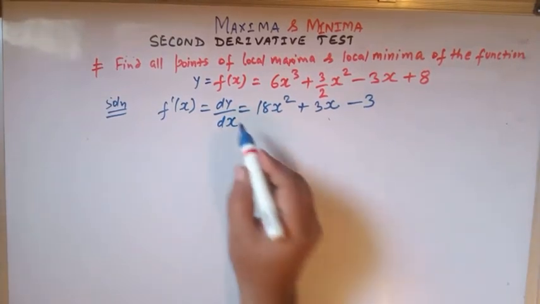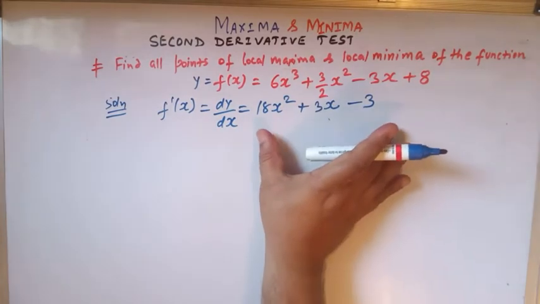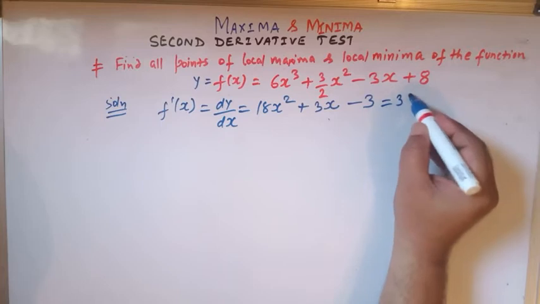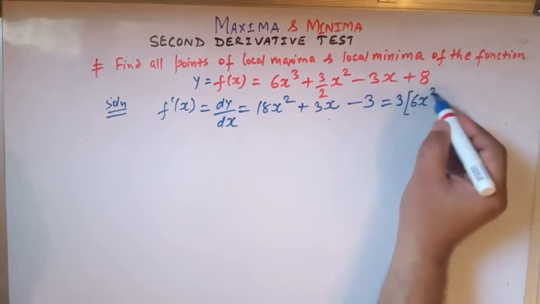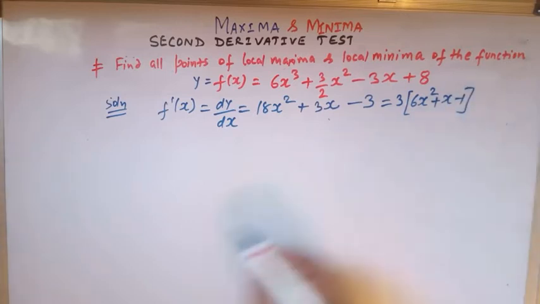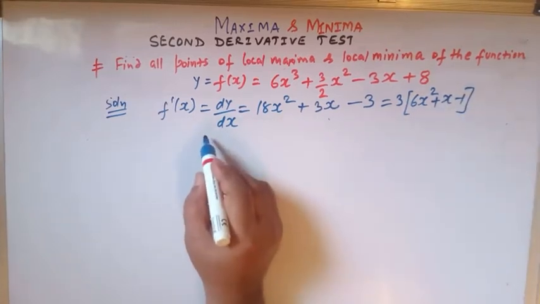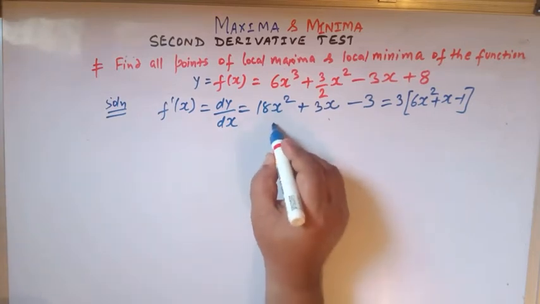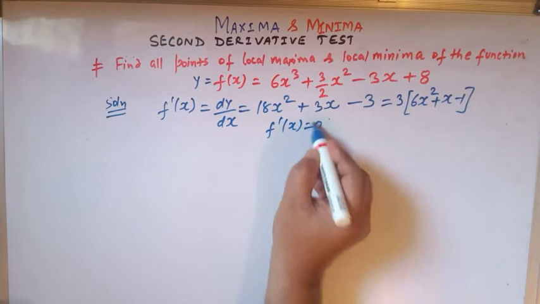Clear? So this is the value of the first derivative, and we can take 3 common here. We have 6x squared plus x minus 1. Clear?